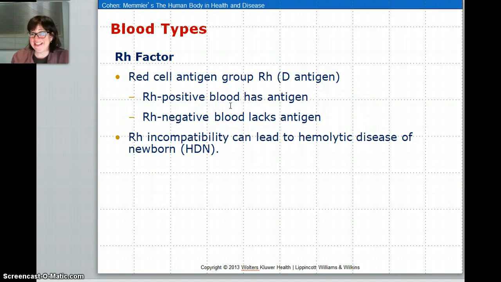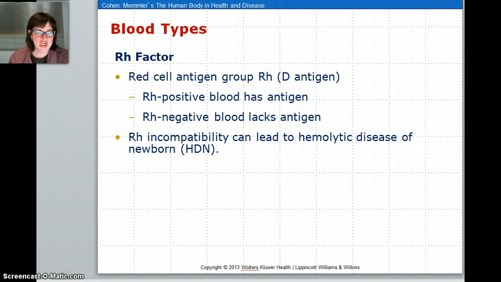Now, Rh factor is the same thing. Rh stands for rhesus monkeys, in which it was developed. Rh positive blood has the antigen. Rh negative lacks the antigen. And in normal situations, because you haven't received any sort of blood, Rh negative blood does not have an antibody to fight the antigen, unless there is a problem with a hemolytic disease.